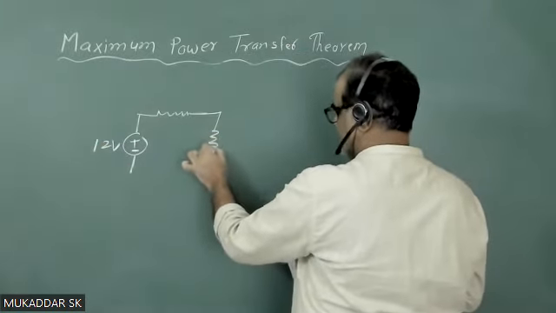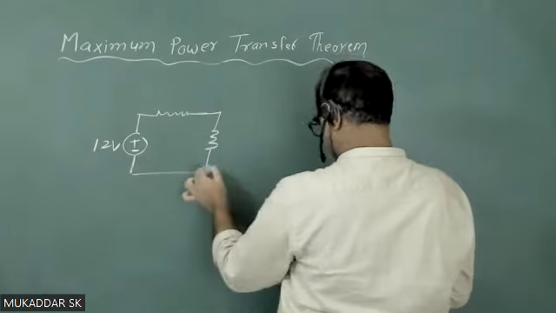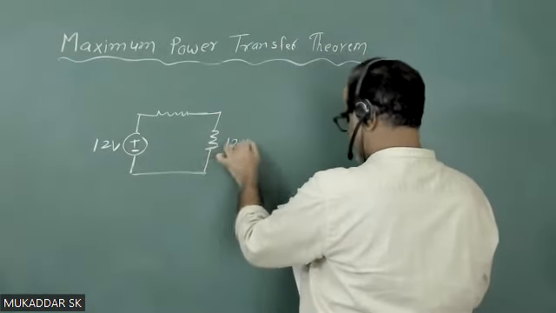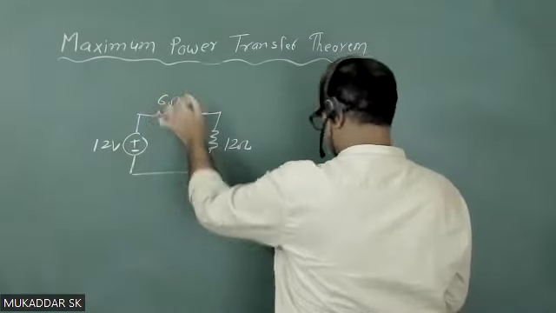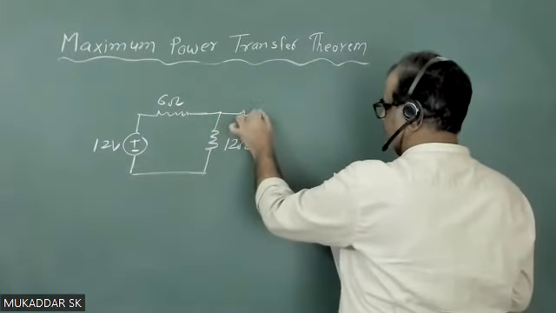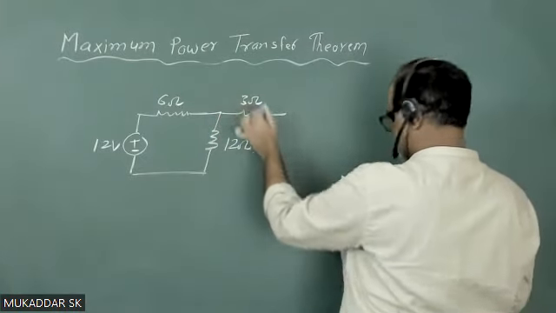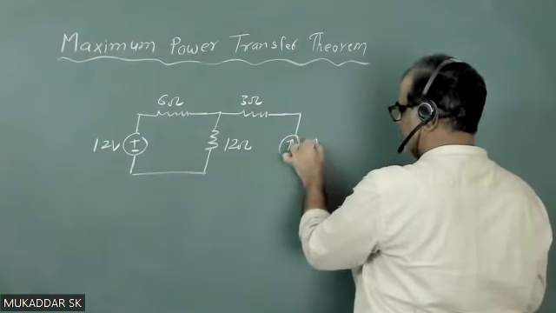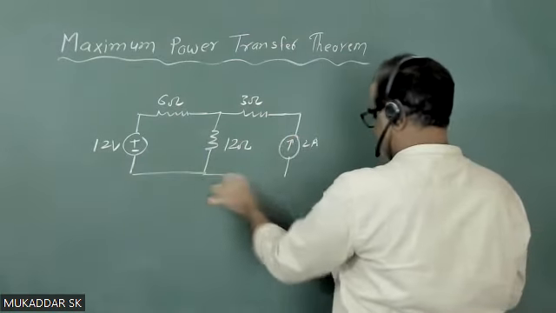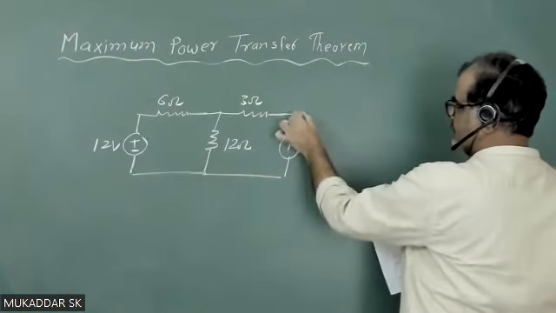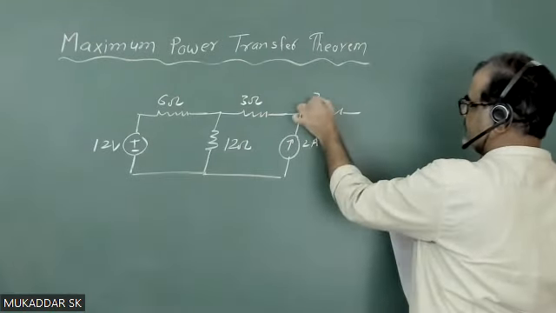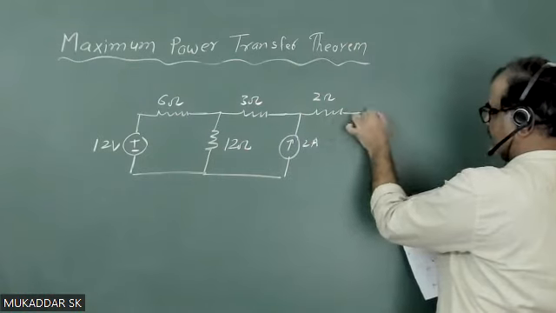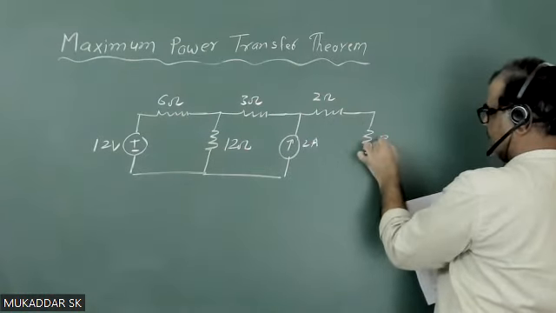Then we have this 12 ohm resistance here, 6 ohm resistance, 3 ohm resistance here. Then we have one more current source here, 2 ampere. Okay. And we have one more resistance, 2 ohm. Okay. And this is my RL.